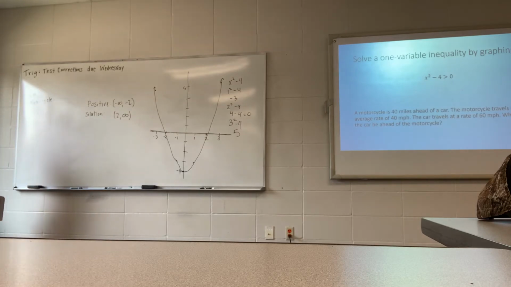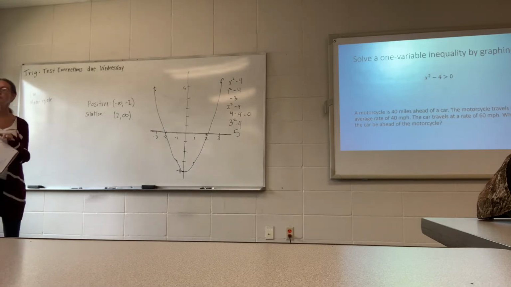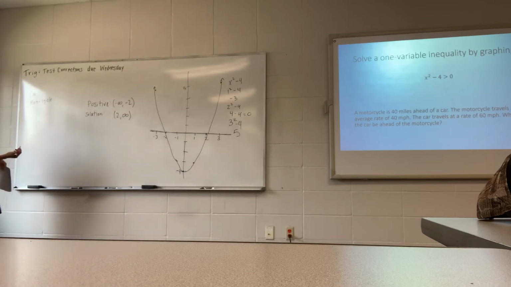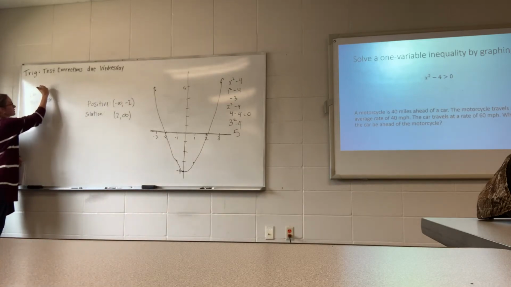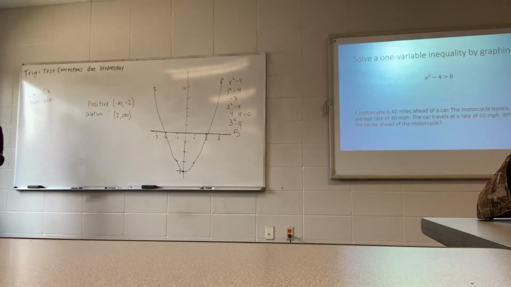Let's write equations for them. Taylor, what do you think my equation for my car is going to be? What would my slope be? It'd be 60x. Do I need to add anything with it, or where do you think its y-intercept would be?